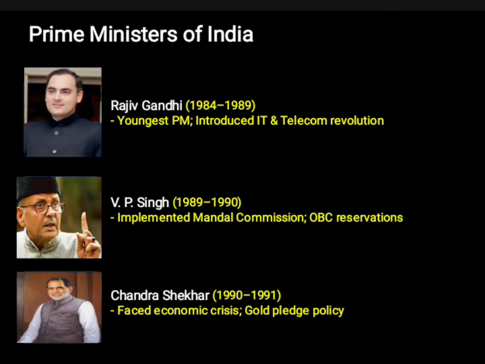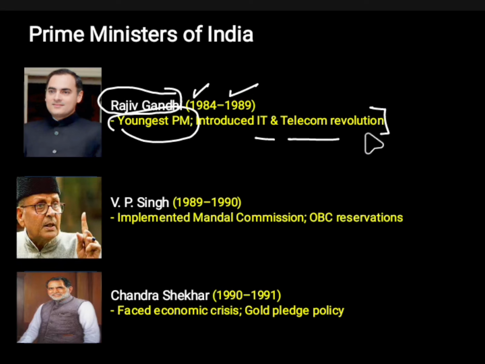And the next Prime Minister of India, Rajiv Gandhi. After the assassination of Indira Gandhi, Rajiv Gandhi became the Prime Minister, served for a 5-year term from 1984 to 1989. He was the youngest Prime Minister of India, and he introduced the IT and telecom revolution. At Sriperumbudur, he was assassinated by LTTE members.